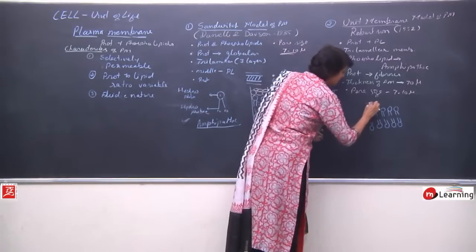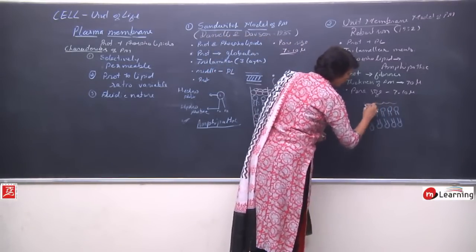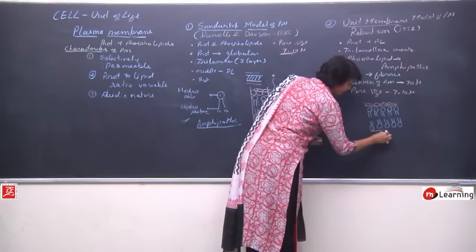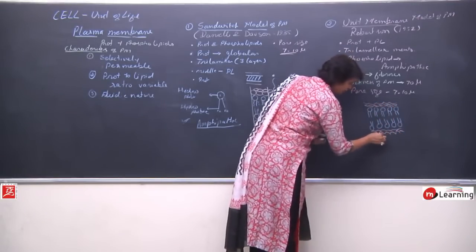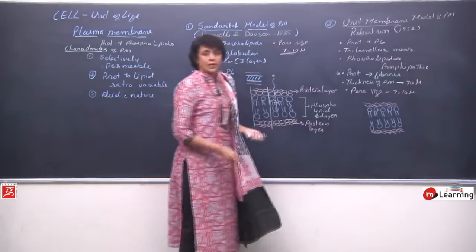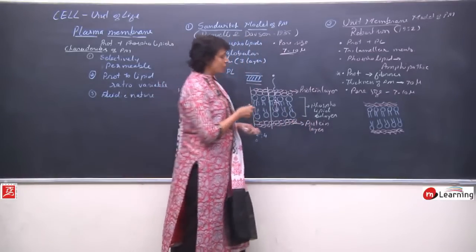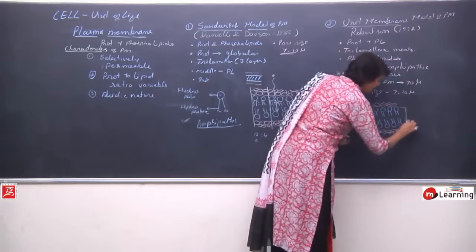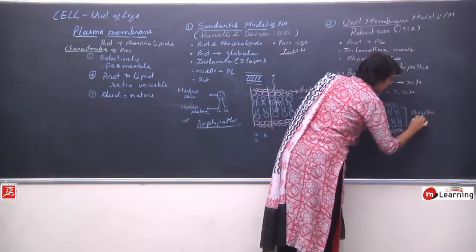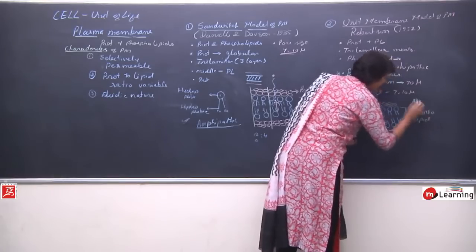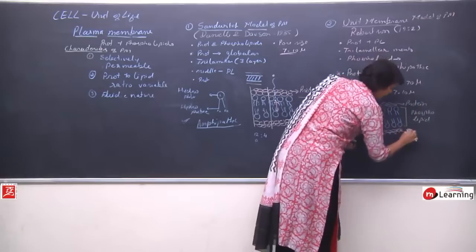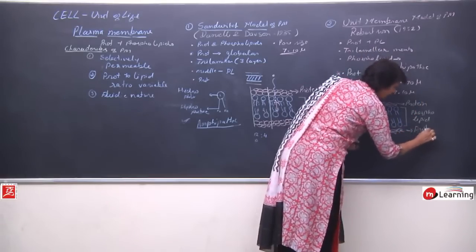Now because it is a fibrous protein, we will have to draw it in the form of a continuous fibrous structure. Looks like sandwich again, but it was called unit membrane. This middle layer is phospholipid, the outer is protein layer and inner is again protein layer.